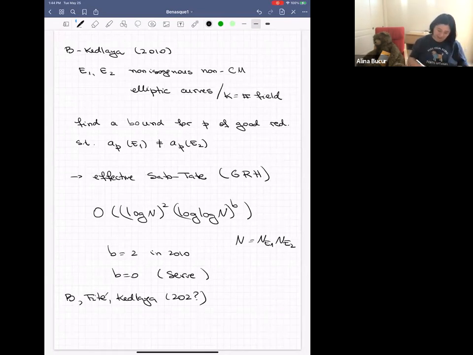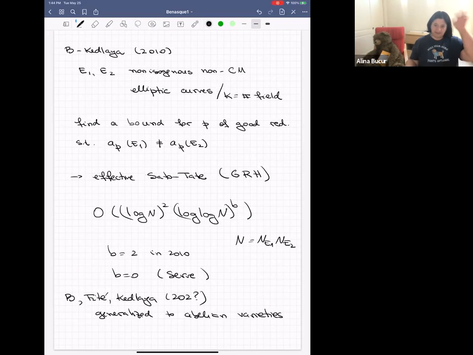We generalized this to the case of abelian varieties, not just elliptic curves, and there our generalization gets all the way to b equals 0. I will close by mentioning that this is all under GRH. Everything is under GRH: for every L-function that you see, you assume GRH.